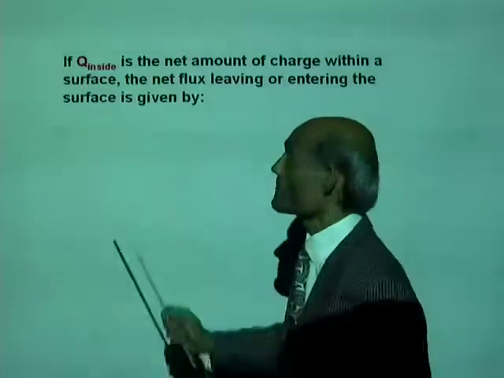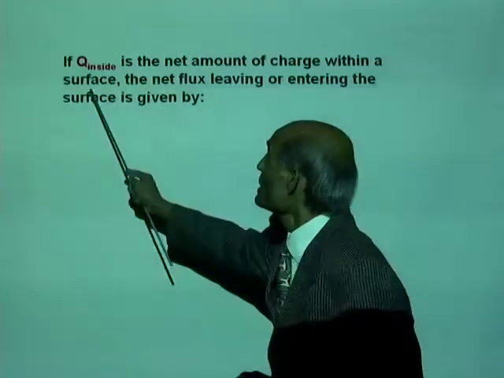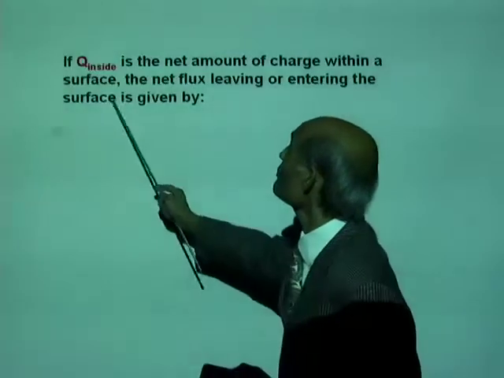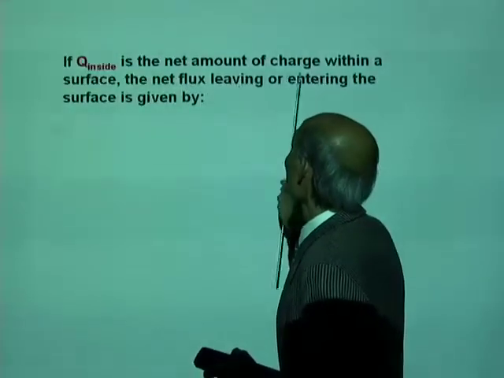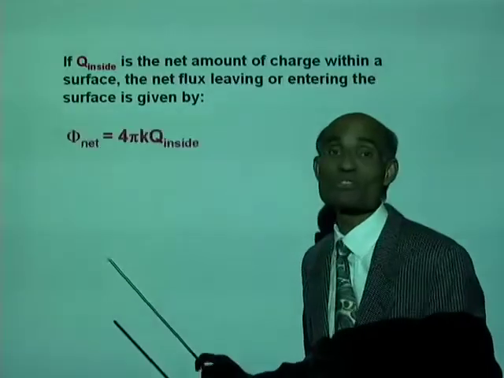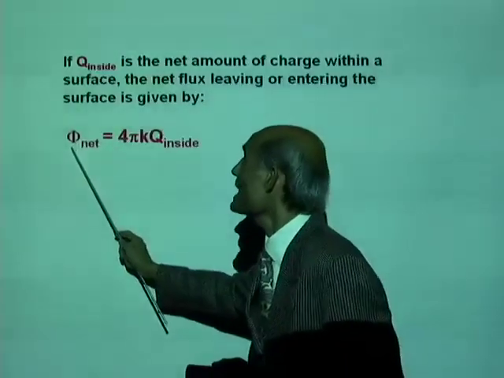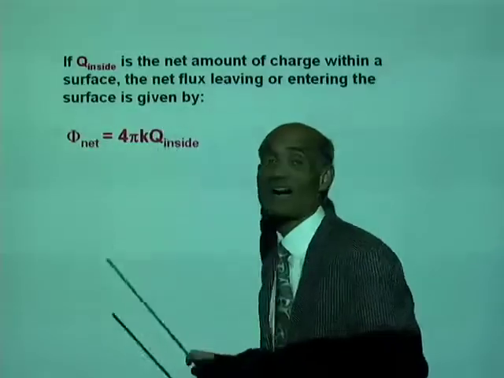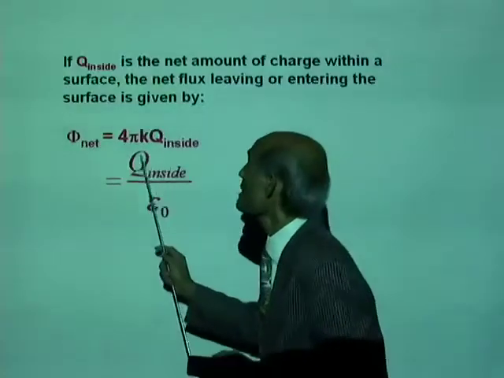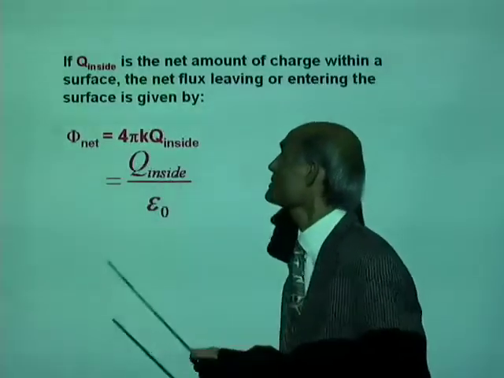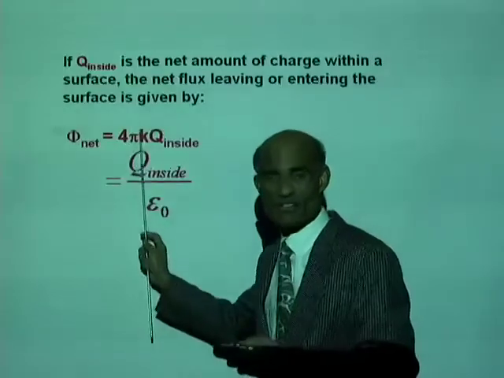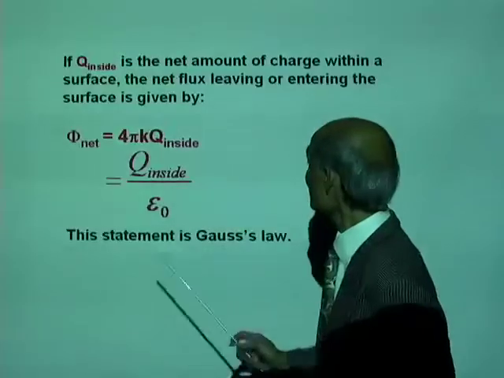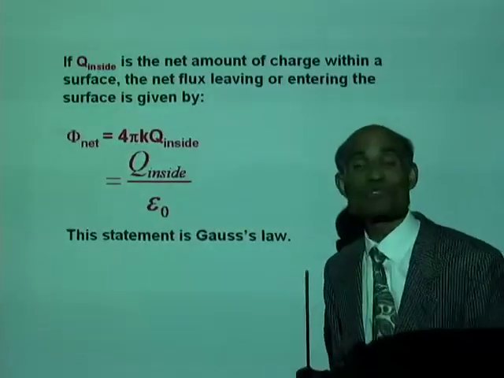Well, if Q inside is the net amount of charge within a surface, then the net flux leaving or entering the surface is given by phi net is 4 pi k times the charge inside, which is the same as Q inside divided by epsilon naught. These are the same two equations we developed in the last lesson. And this is the statement of Gauss's law.